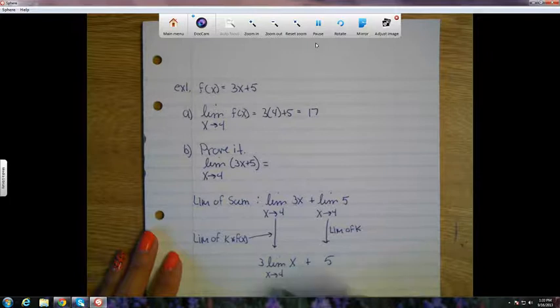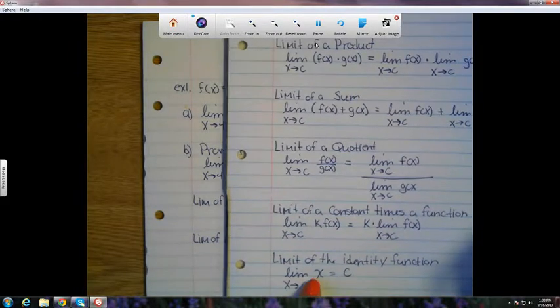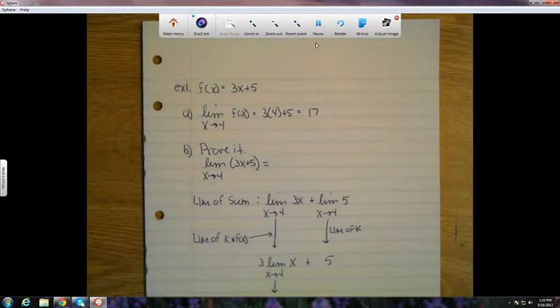Now I'm ready for this one. You can forget that that 3's there. I've got the limit of x, that is equal to whatever constant I'm approaching. That's the identity function one. So I'm going to use the limit of identity, ID, to simplify this first term to 3 times x.